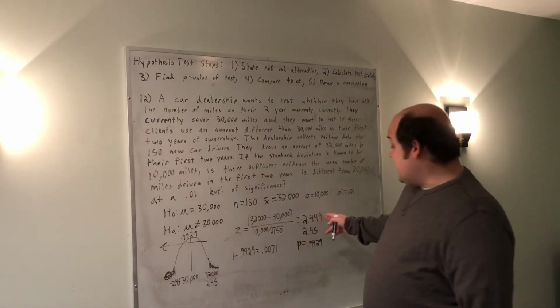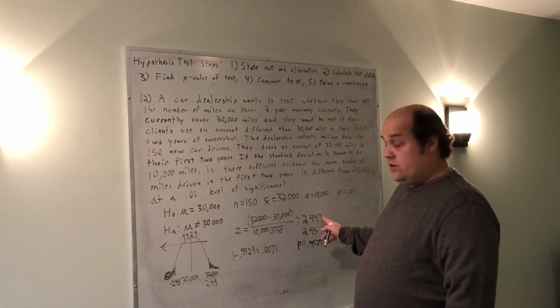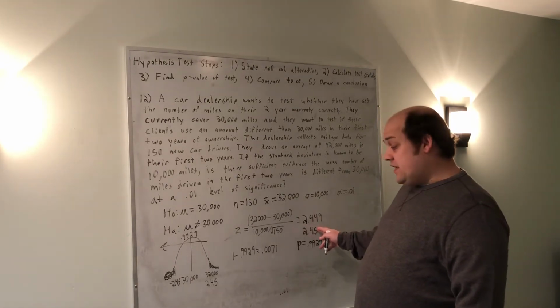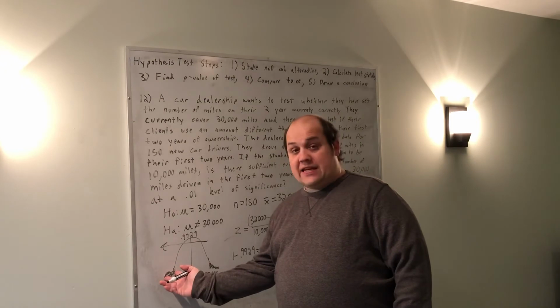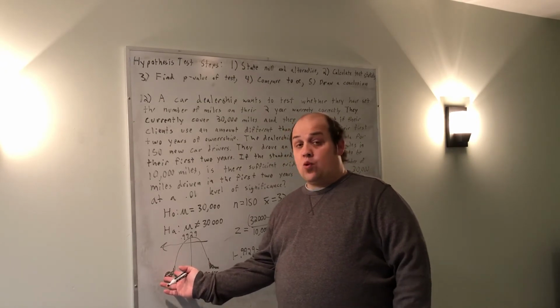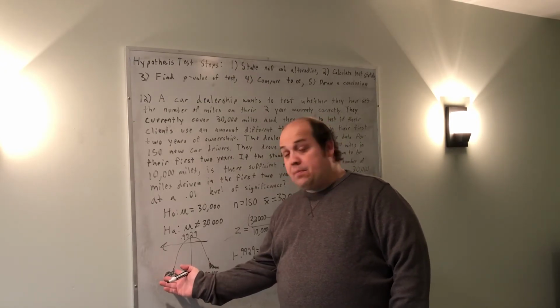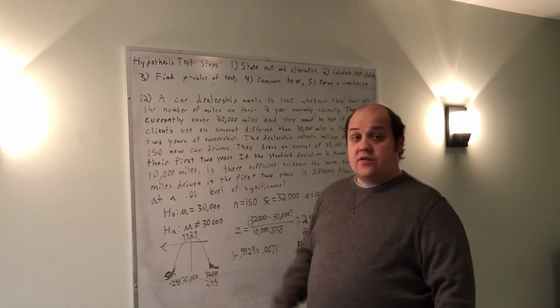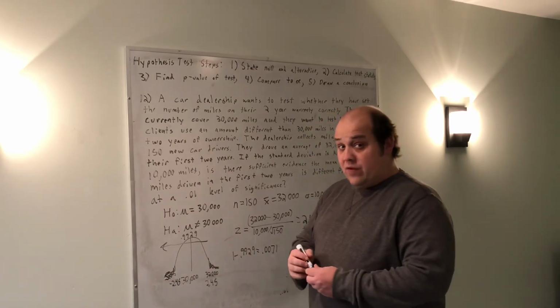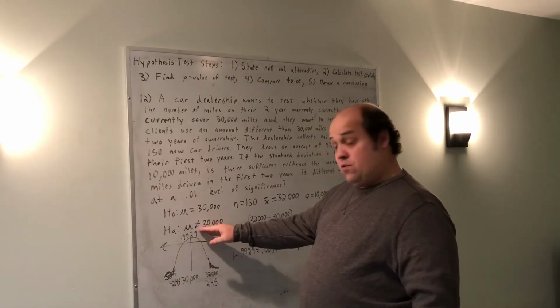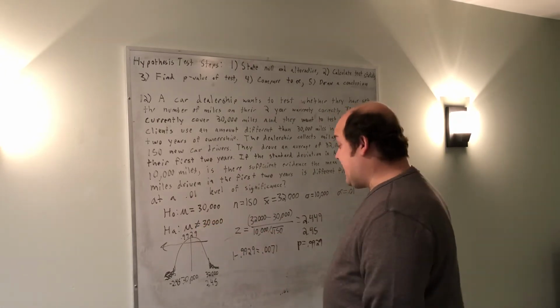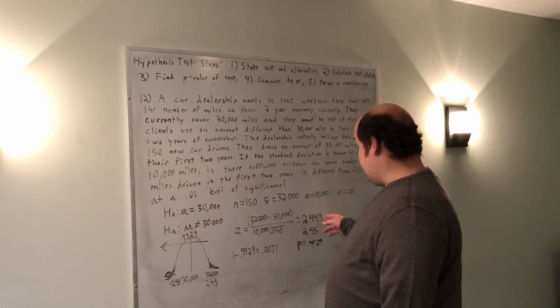If I had instead gotten a negative z-score here, that negative z-score would have pointed me to a p-value in the table where I wouldn't have to do 1 minus. I'd just take that p-value and double it for the other side of the table. So it's extremely confusing when you have this not equal to. You need to guide your decisions based off what you get as a z-score.